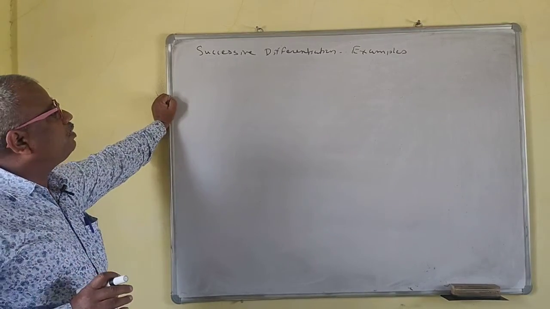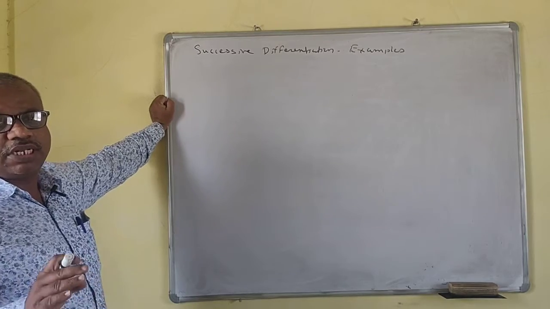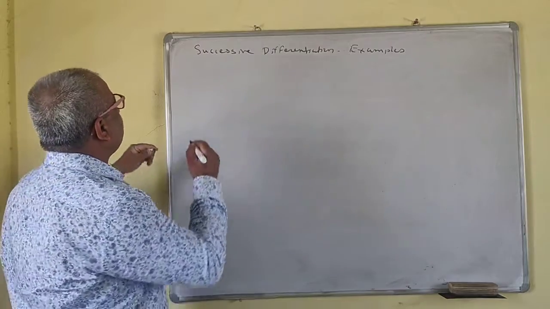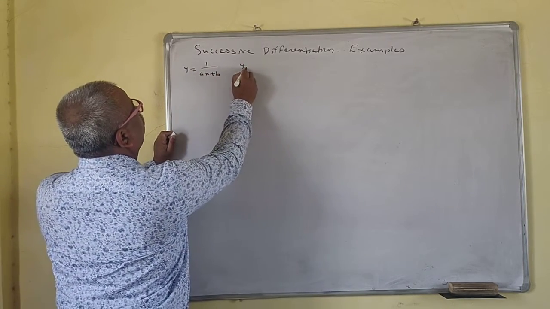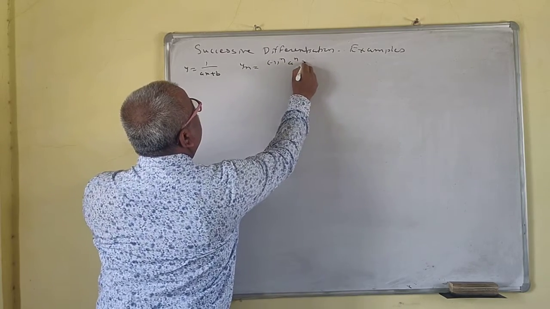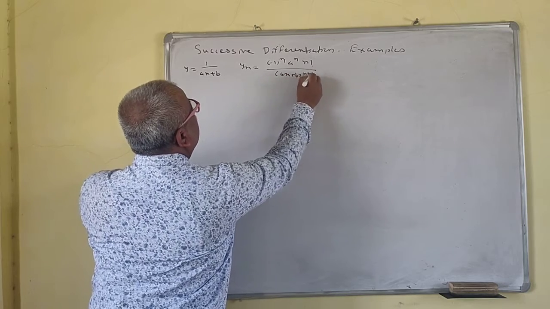In the last lecture, we have seen the formula to differentiate some functions n times. We have seen that if y is equal to 1 upon ax plus b, then yn is equal to minus 1 raised to n, a raised to n factorial upon ax plus b to the power n plus 1.